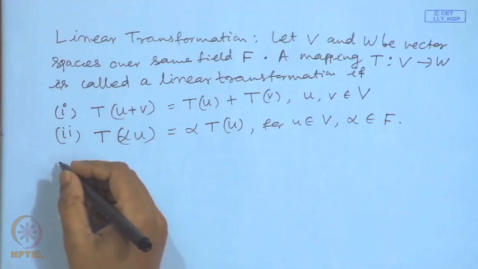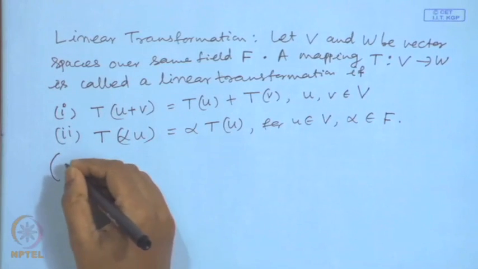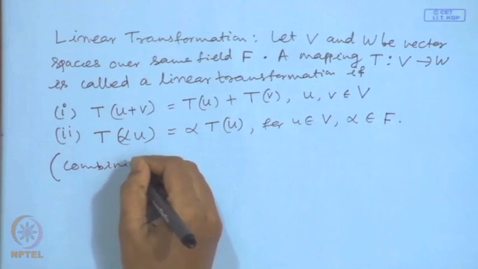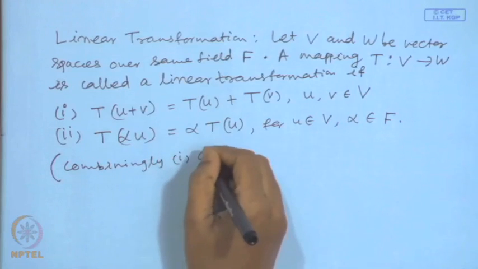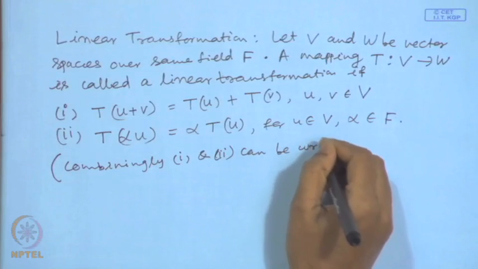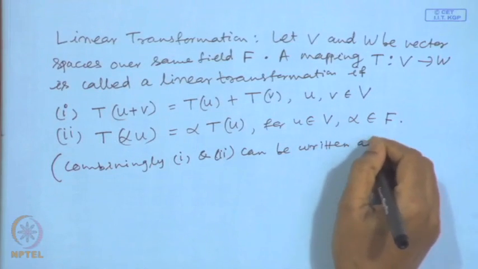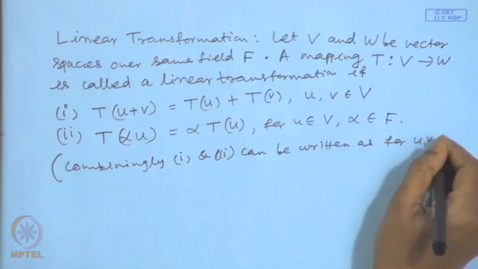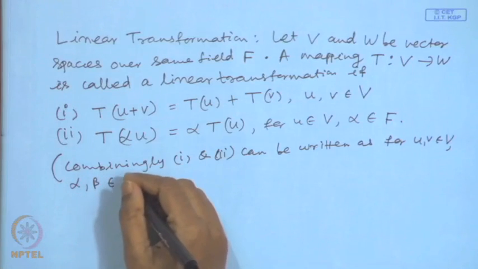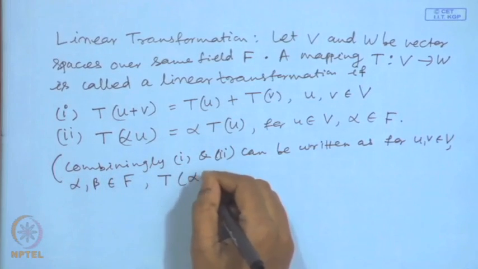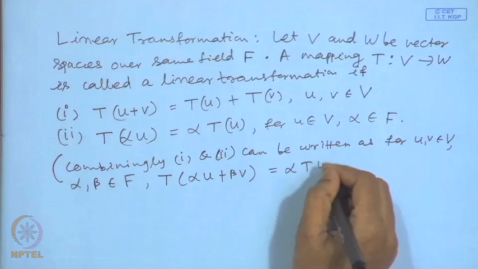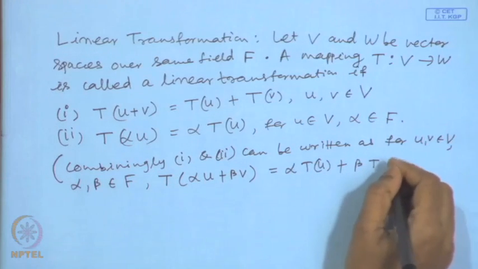Combiningly, the first and second conditions can be written as: for u, v belonging to the vector space V and alpha, beta belonging to F, T of alpha u plus beta v is equal to alpha times T u plus beta times T v.